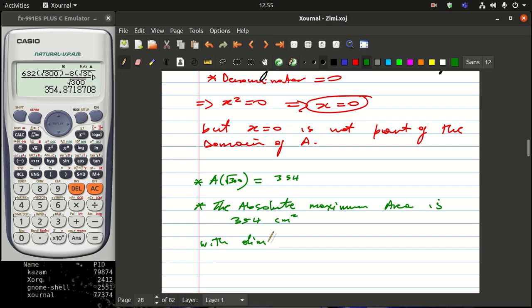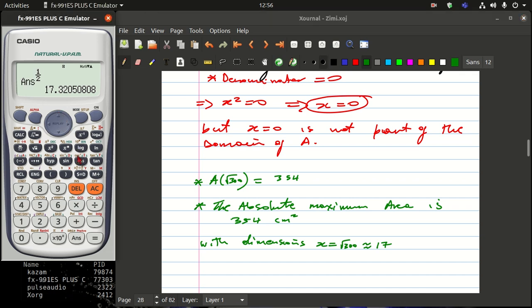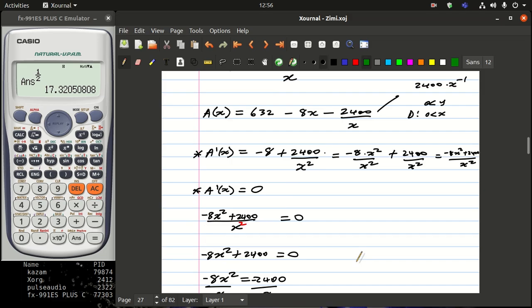With the dimensions, our x here is equal to the square root of 300, which is approximately equal to 17.32 centimeters. And our y here is going to be the same as what y was.